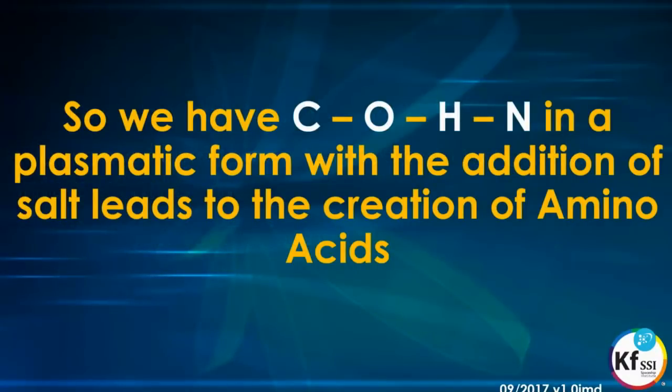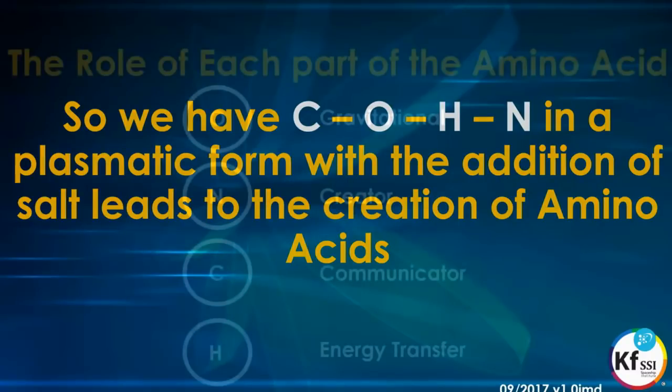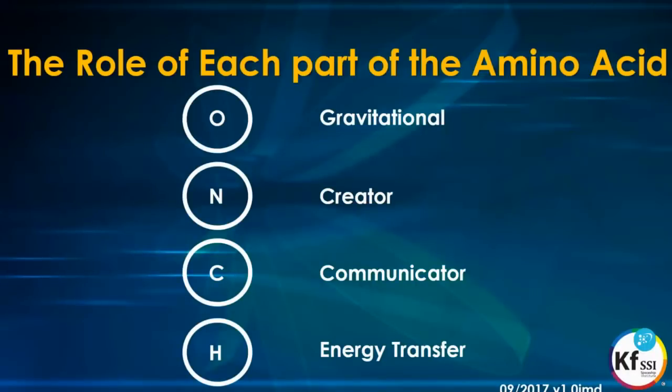And when we have these four elements in combination with the salt, it leads to the creation of the amino acids. And that leads to the beginning of life on this planet. And as we know, we are all composed of carbons, oxygens, nitrogens, and hydrogens.